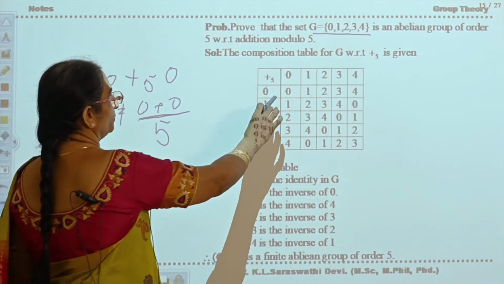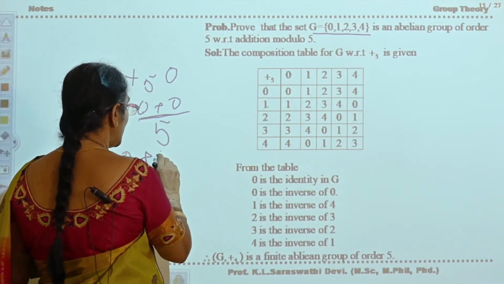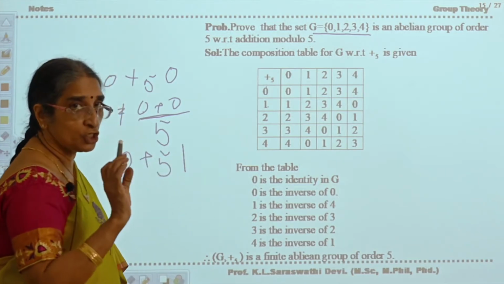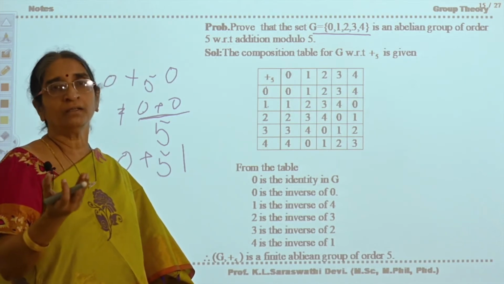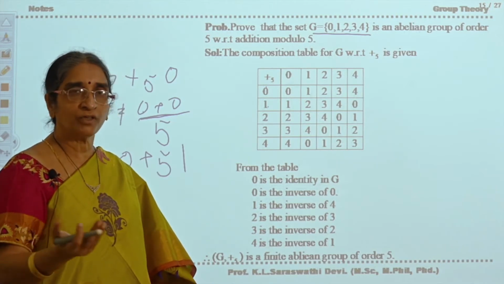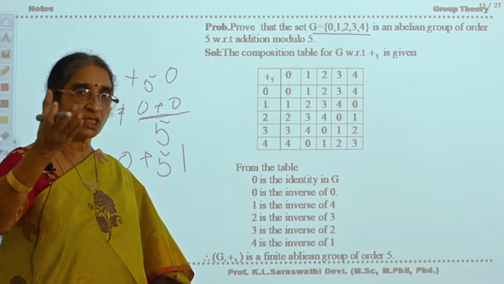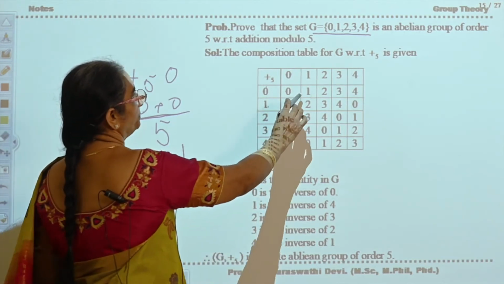So here it is 0. Again, 0 addition modulo 5, 1: the remainder obtained when 0 plus 1 is divided by 5. 0 plus 1 is 1, and 1 is less than 5, so you are not able to divide 1 by 5. Therefore, the definition itself says the numerator will be the value, 1.